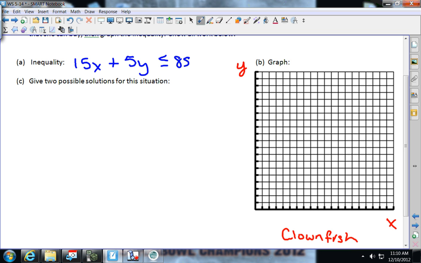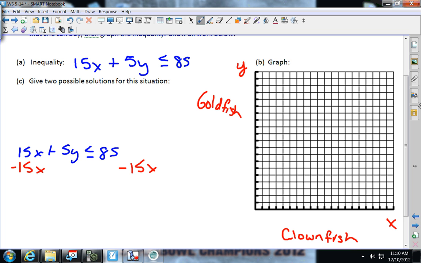And the Y are the goldfish. Now to be able to graph it, I have to solve for Y. So I'm going to subtract 15x from each side. I get 5y less than or equal to negative 15x plus 85. Divide by 5.